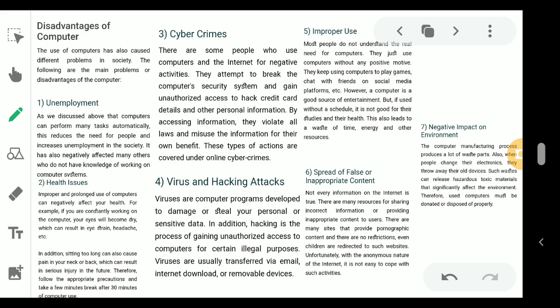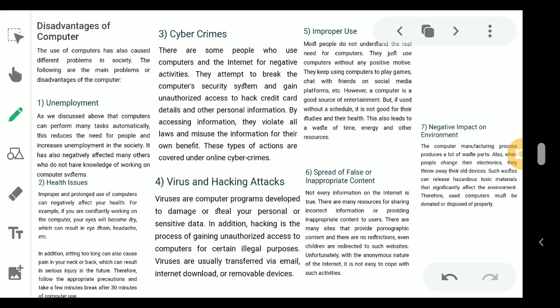Some people use the computer and the internet for negative activities. They attempt to break the computer security system and gain unauthorized access to hack credit card details or personal information. By accessing information, they violate laws and misuse the information for their own benefit. These types of actions are covered under online cybercrime, and it is increasing day by day.